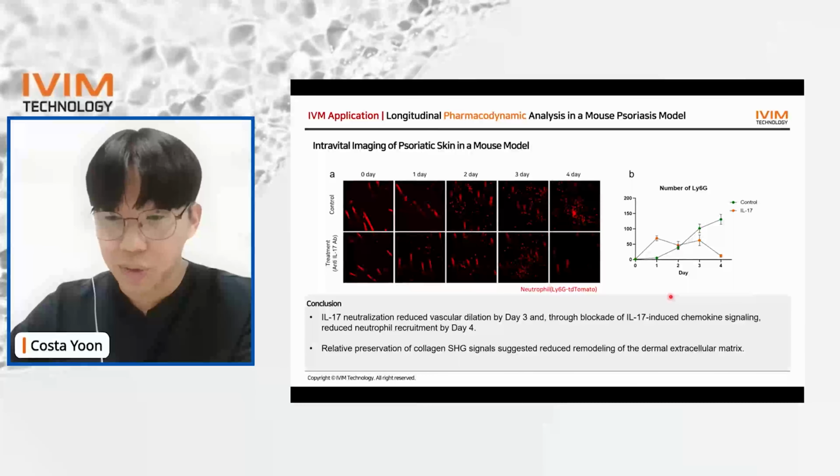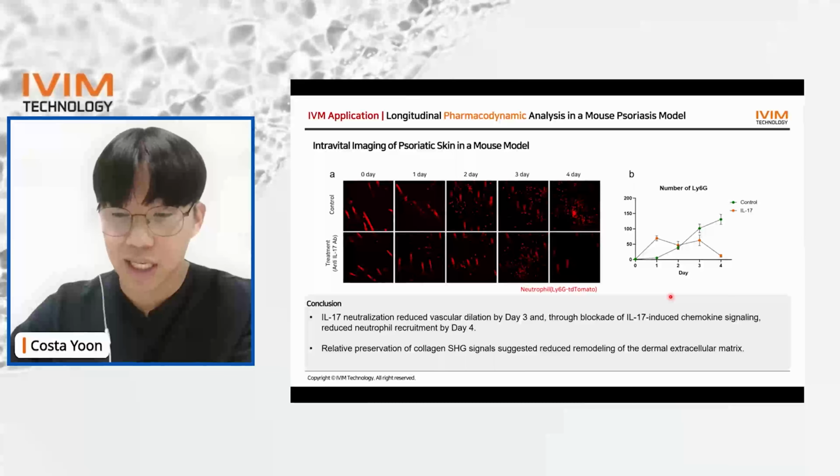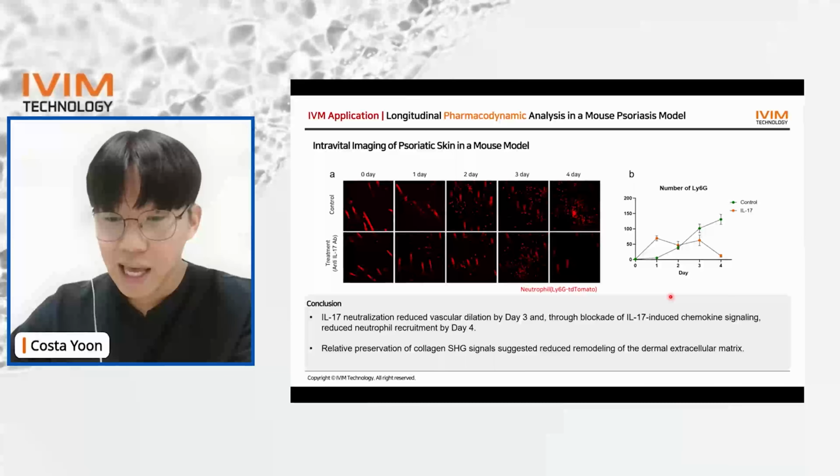The slower reduction in the SHG signal also suggests that tissue damage and extracellular matrix disruption were less severe in the treatment group. Together, these results demonstrate that intravital microscopy can be used to evaluate multiple therapeutic response parameters in real time within the same living animal.